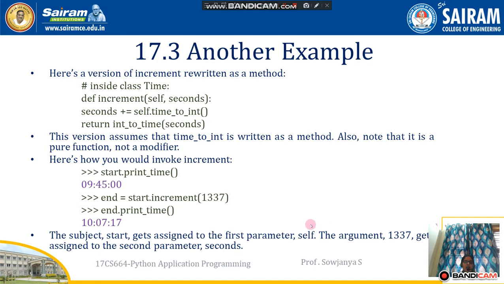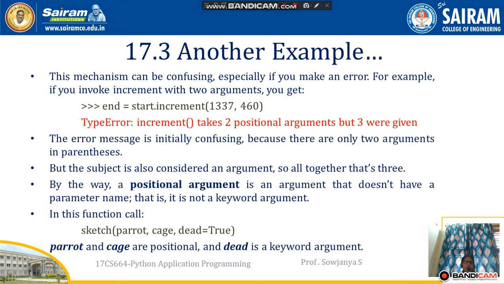So what does this do? The subject, start, gets assigned to the first parameter, and the argument 1337 gets assigned to the second parameter, seconds. This mechanism can be confusing, especially if you make an error.